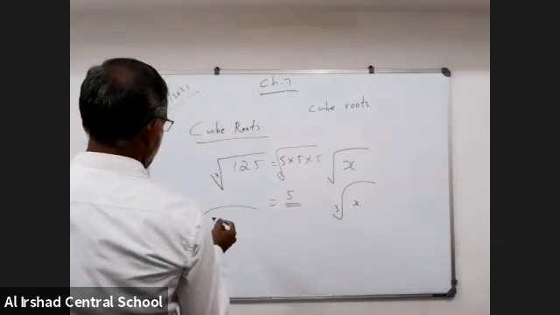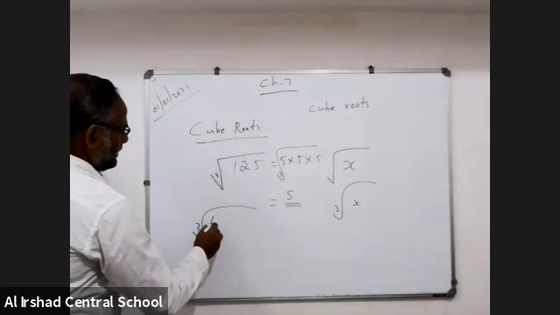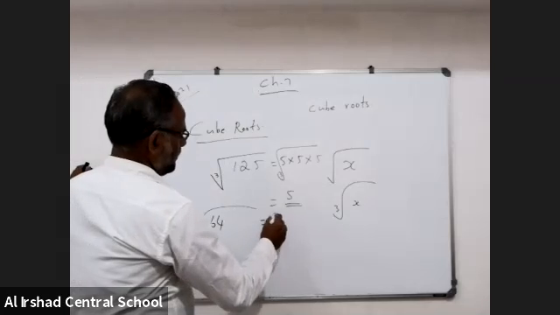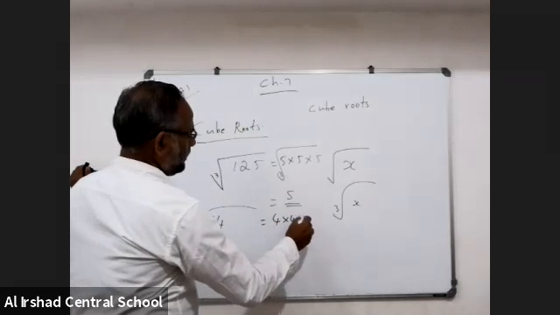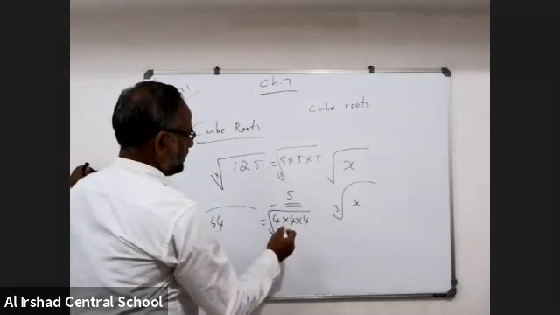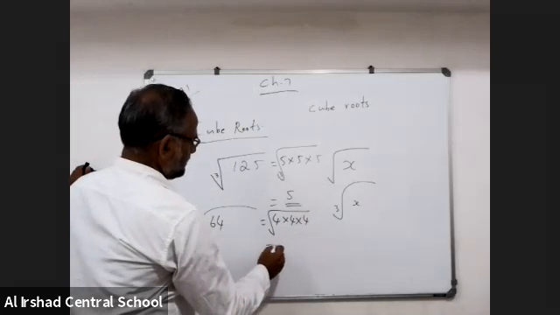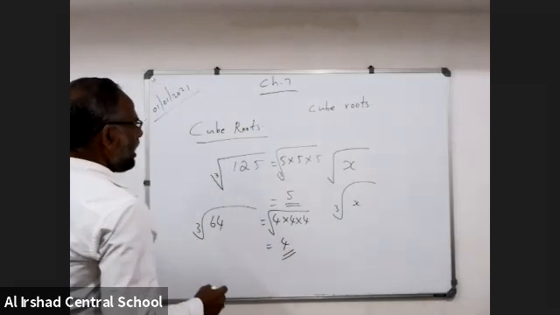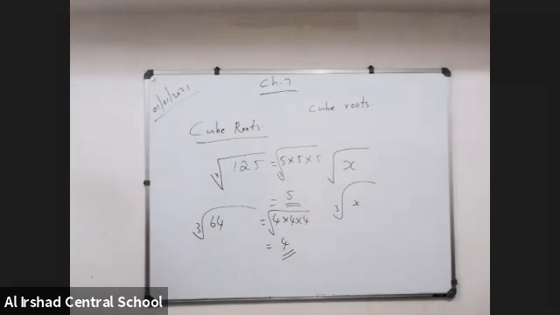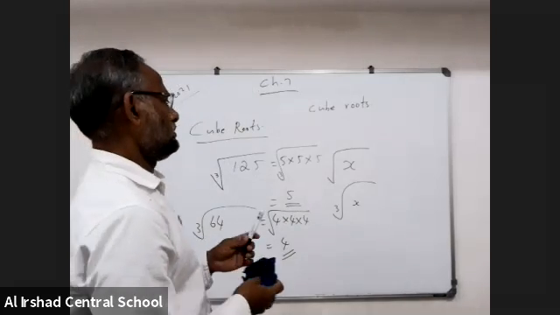Cube root of 64 is 4 into 4 into 4. That means 3 times, that means 4. How did you get it? What is the method?